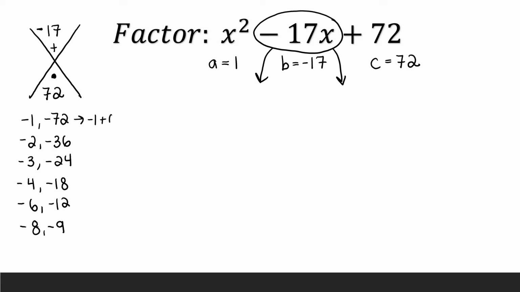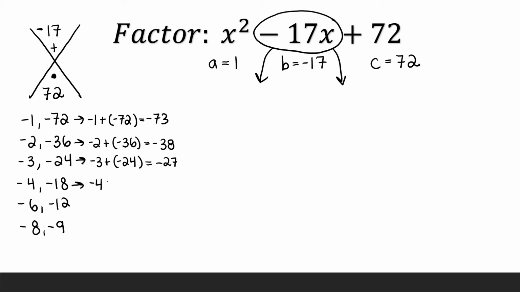Negative 1 plus negative 72 is equal to negative 73. That's not it. Negative 2 plus negative 36 is equal to negative 38. Also not quite what we need. Negative 3 plus negative 24 is equal to negative 27. Or at least getting closer.